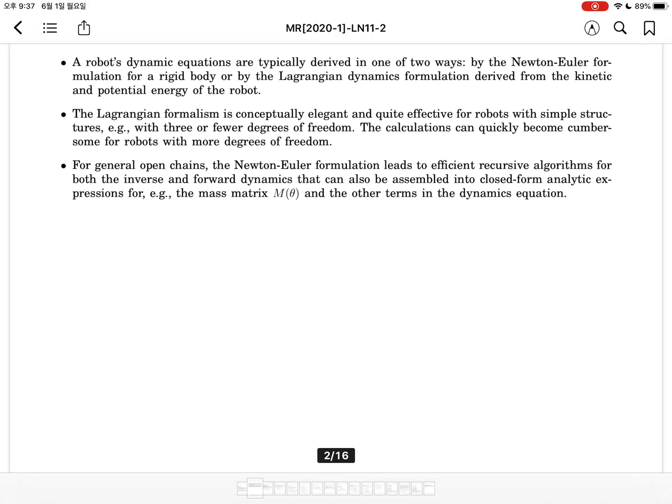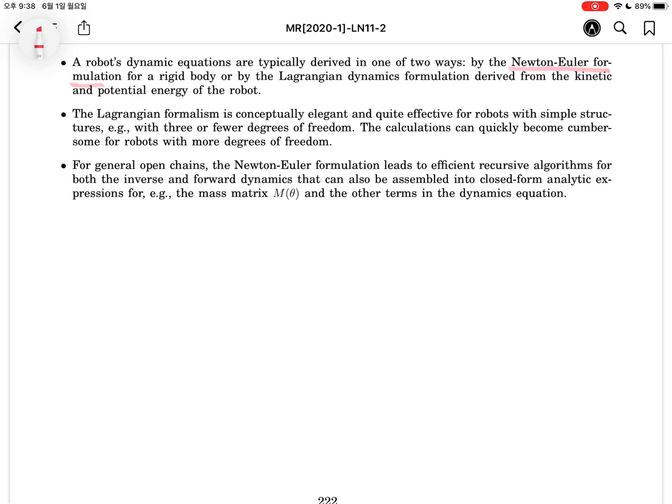Robot dynamics equations are typically derived in one of two ways. The first is the Newton-Euler formulation, which is well known. Maybe you are good at Newton's second law. In the case of rotation, Euler's law can be used to derive the equation of motion.